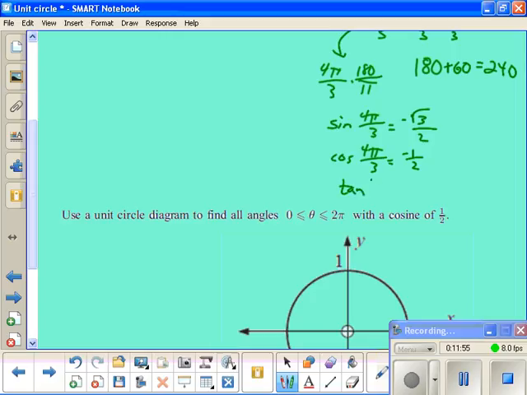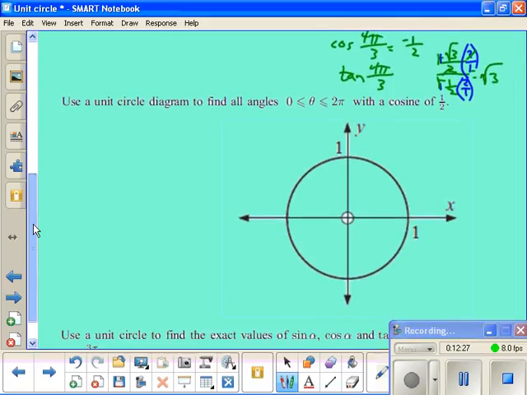And the tangent of 4 pi over 3 is the fraction of those two, sine over cosine. So negative square root of 3 over 2 over negative 1/2. The negatives will cancel out. Then I'm going to multiply the top and bottom by the reciprocal, because I don't like a fraction within a fraction. The negatives cancel out, so that leaves me the square root of 3. So the tangent is the square root of 3.